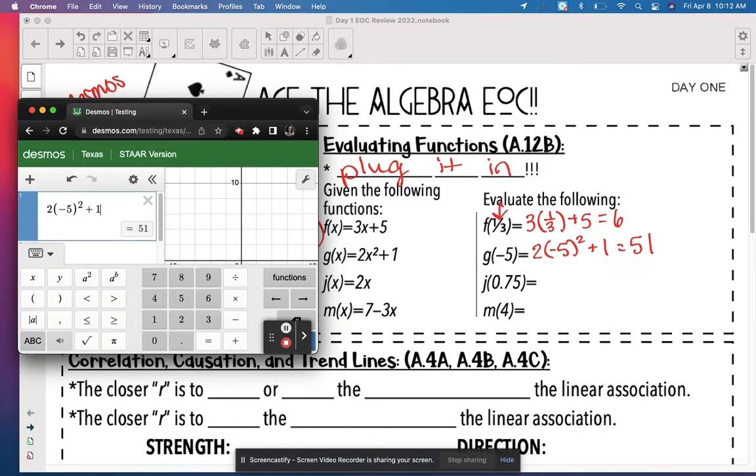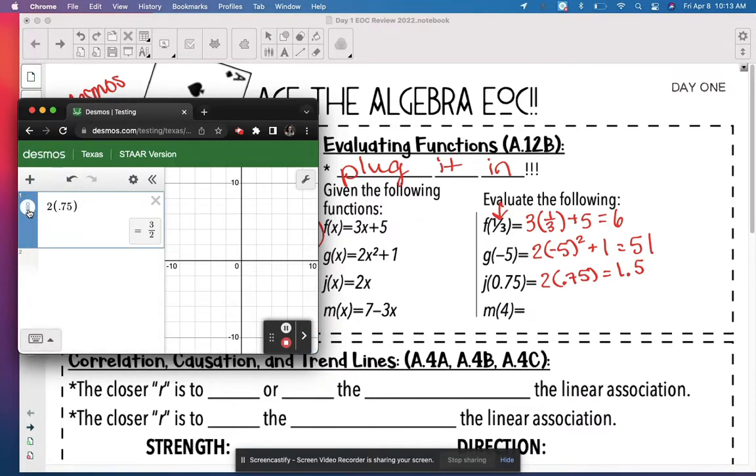The next one we have is 2 times 0.75, or 3/4. So 2 parentheses 0.75, you get 1.5. If your answer was in fraction form, you would click this button over here on the left, a little circle with squares.